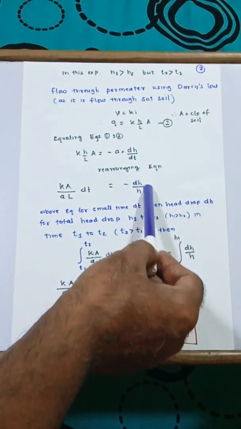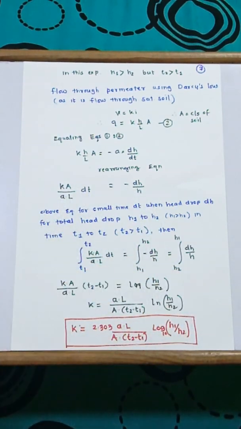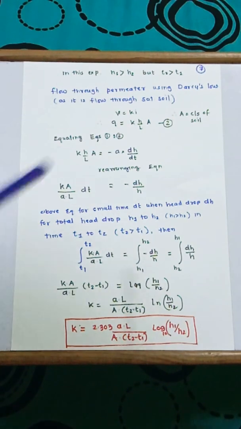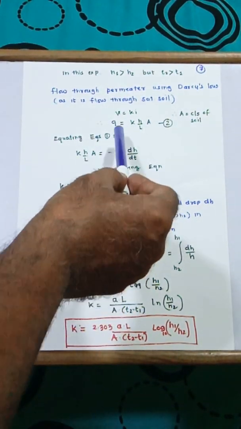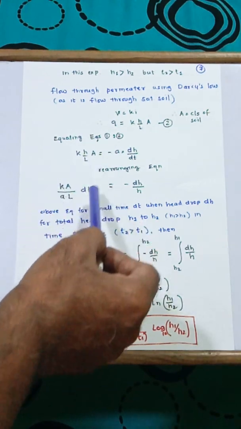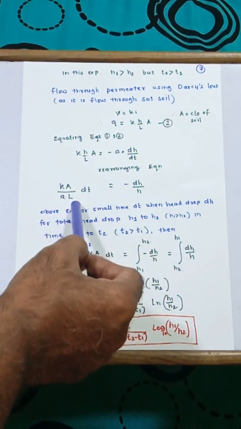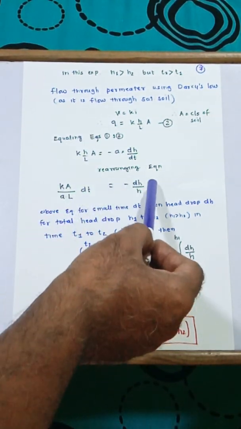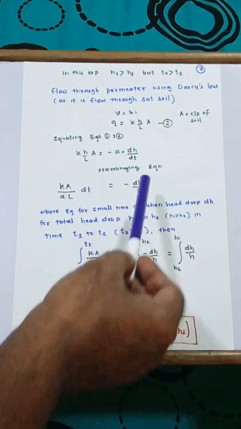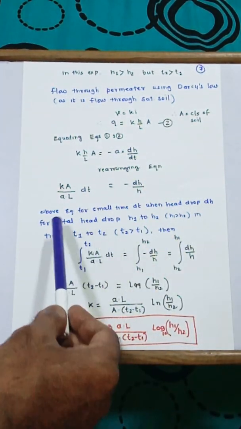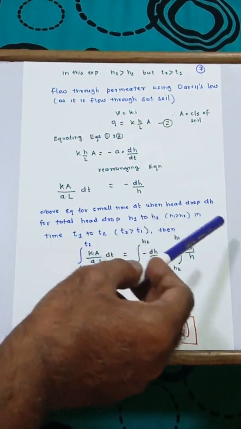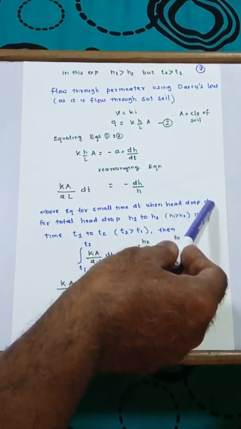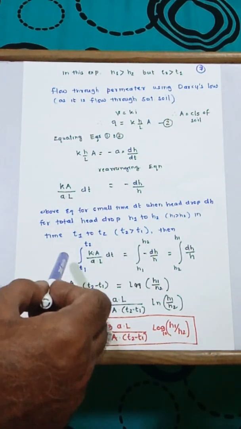So I get minus dh upon h. On the left hand side you will get all constants and dt, and the other side has the terms in h. The above equation is for a small time dt, when the head drop was very small, dh.